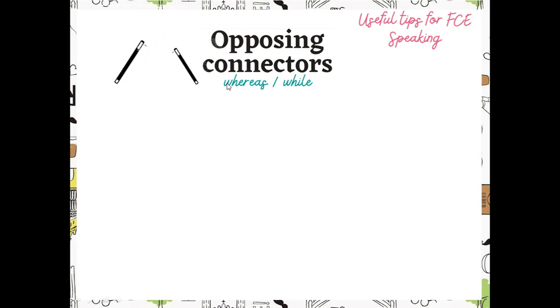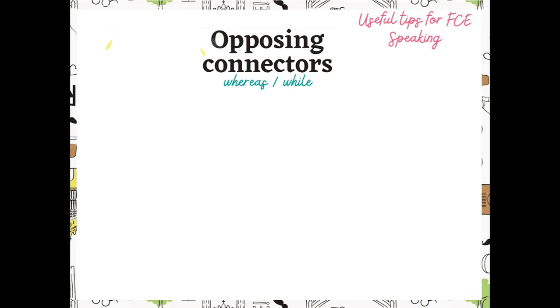We use them when we are speaking about two things or two people or two situations and the things that are happening are opposed. For example, this car is black while this other car is yellow. This man has a dog, whereas this woman has a cat.